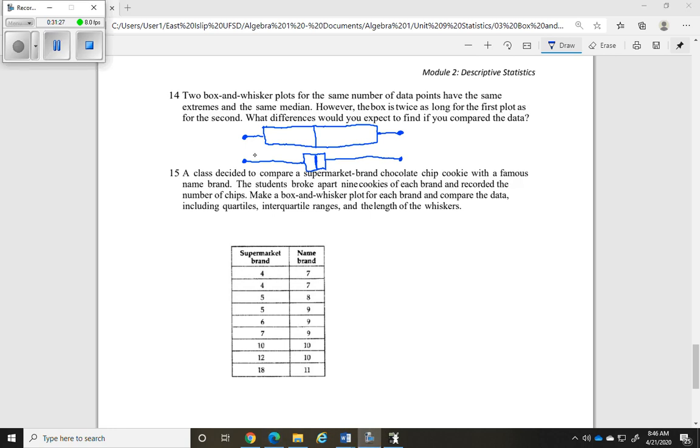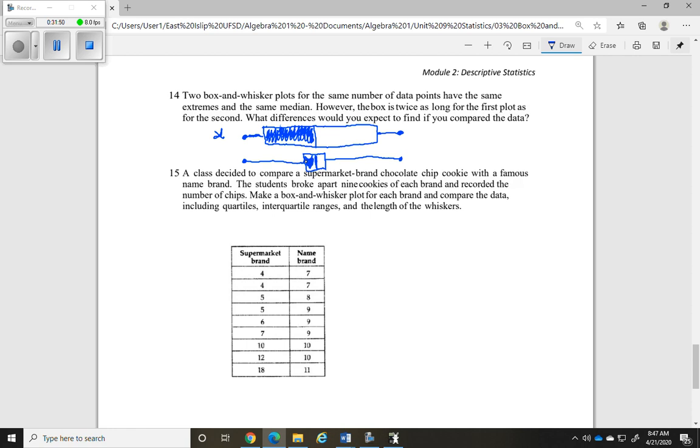So visually, since each piece represents 25% of the data, it really means in this first one, the data is far more spread out, right? Like 25% of the data is in here, but those numbers are further apart from each other than the 25% of the data here.